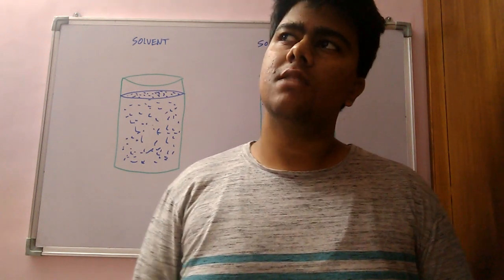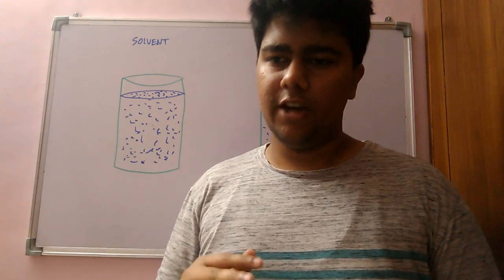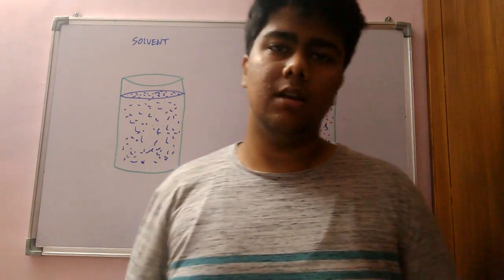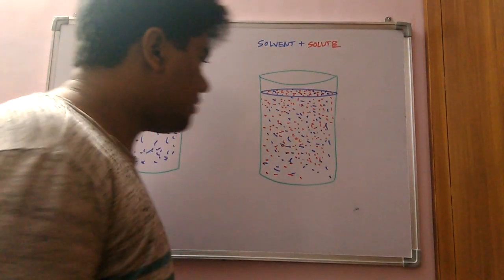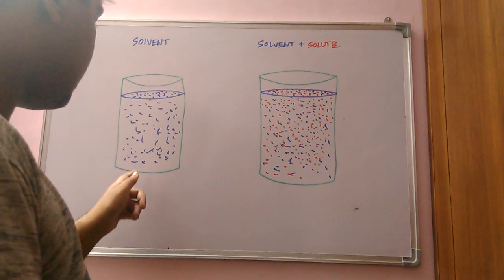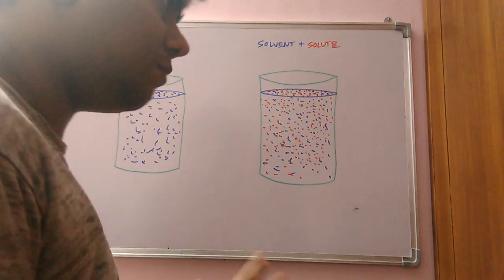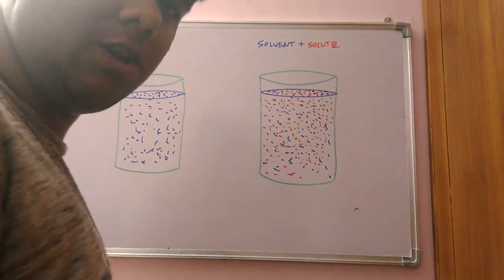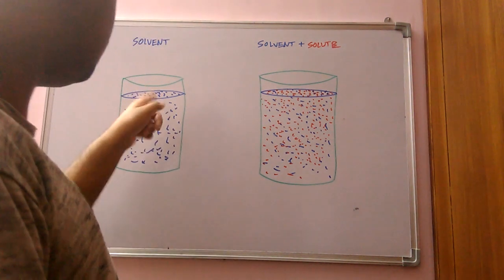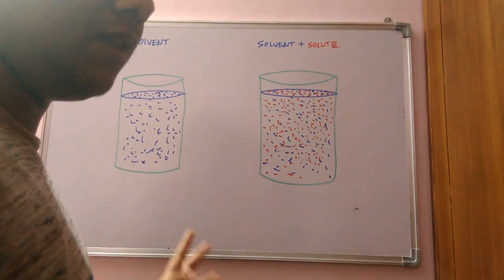the question arises: why do these two properties happen in nature? As you can see right here, we have in this jar just the solvent molecules, and in this jar we have both the solvent molecules and the solute molecules. On the surface, we only have the solvent molecules that are free to vaporize.